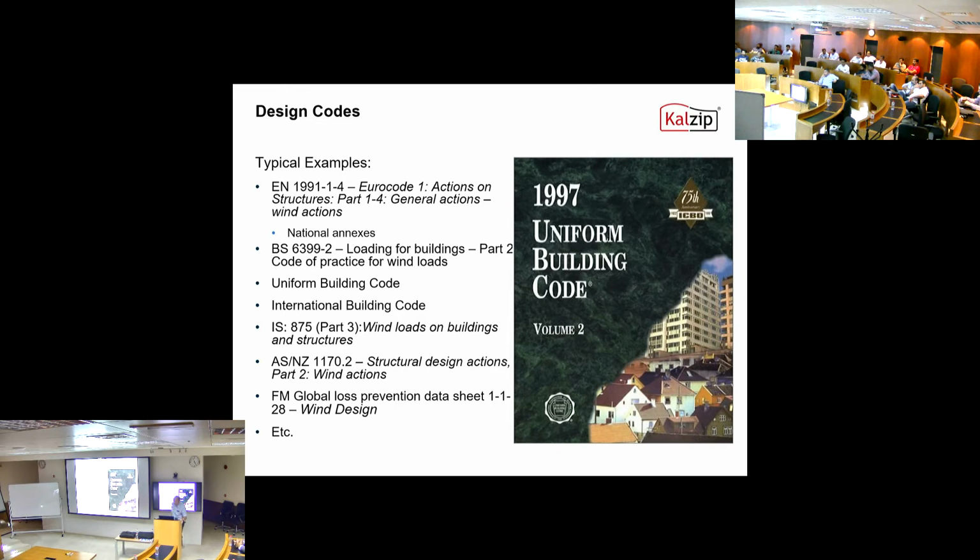These are some of the different codes we come across. Uniform Building Code is in America, Canada. International Building Codes is different. New Zealand codes. So again, we work in all sorts of different regions, so we are familiar with different regional practices. We've also looked at loss prevention data sheets, in terms of how our system works.